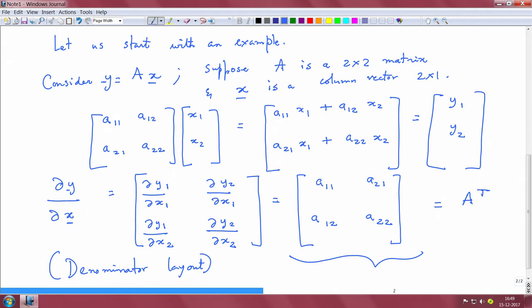So, we can formulate a rule here, that is, if I want to differentiate the quantity Ax with respect to x, so x is a vector, I get A transpose.